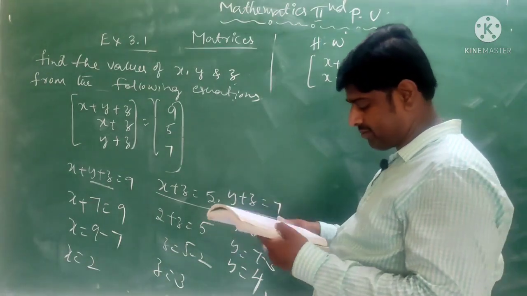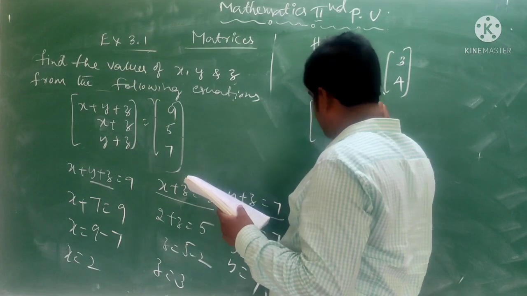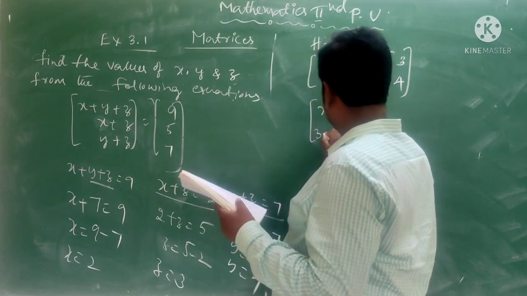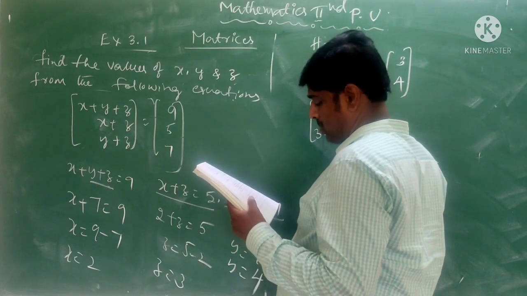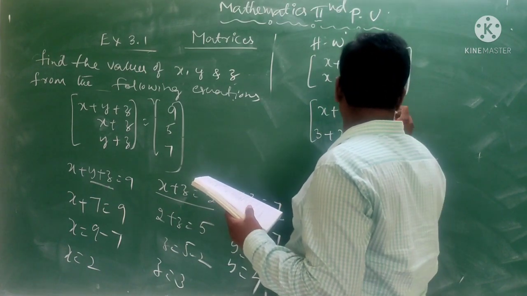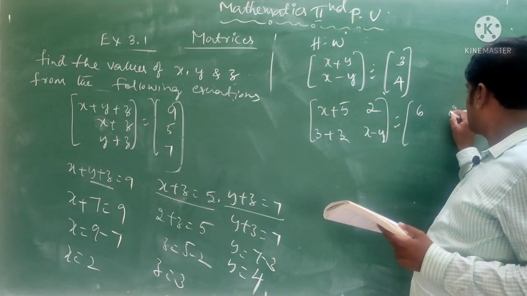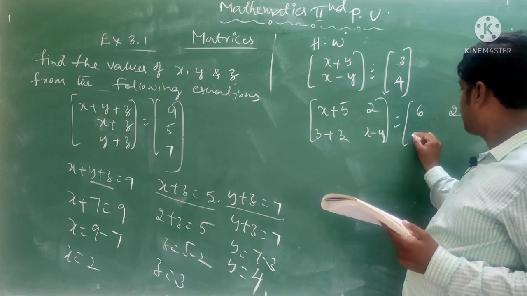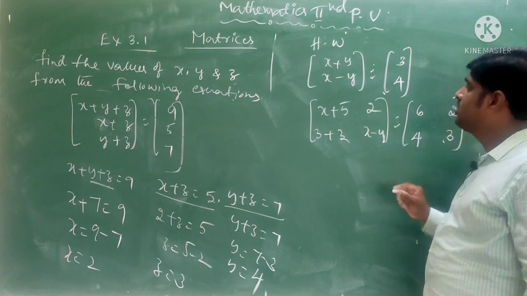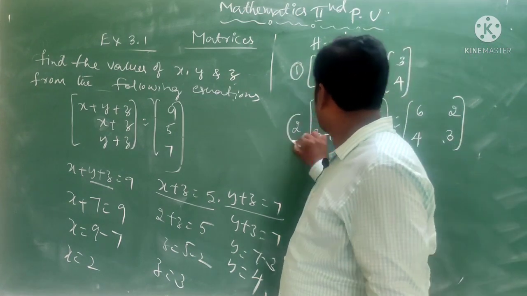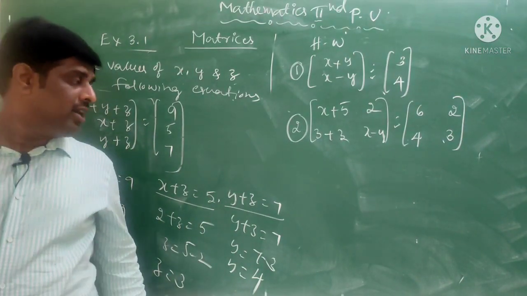Next one is x plus 5, 2, 3 plus z, x minus y, 6, 2, 4, 3. These two problems are homework for you. Okay, these two problems you have to do yourself.